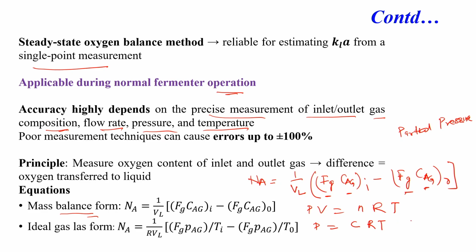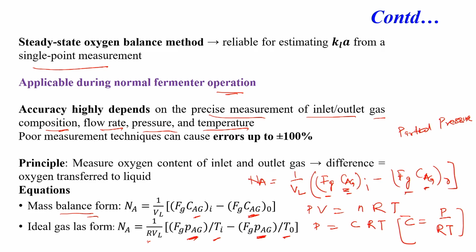So, C will be replaced by P upon RT. CAG at inlet will be replaced by PAG upon R, which is common, times T inlet, and similarly the outlet CAG will be replaced by PAG upon R T outlet. So, concentration is replaced by P upon RT.